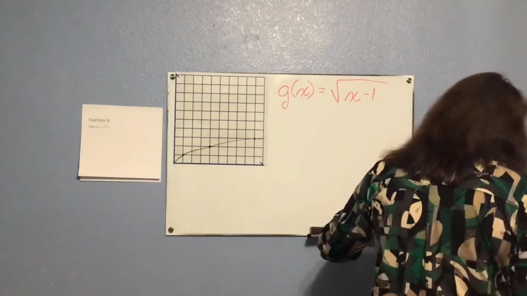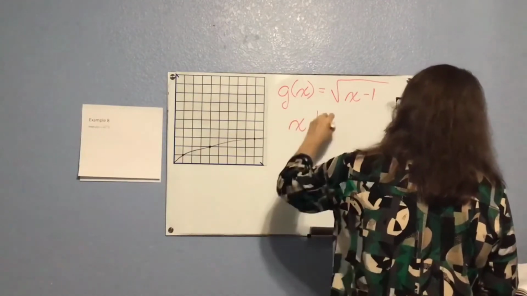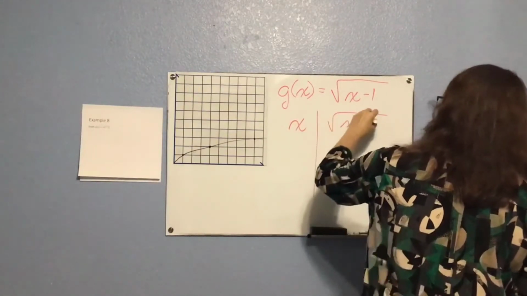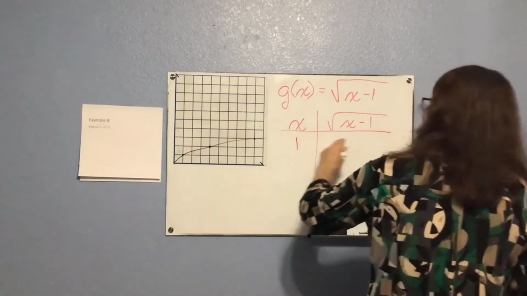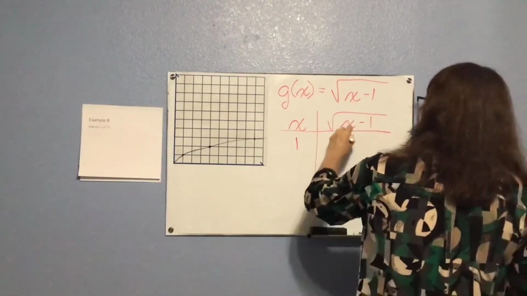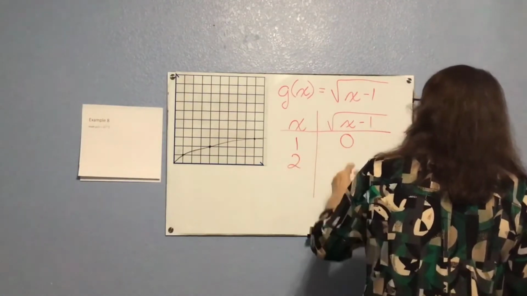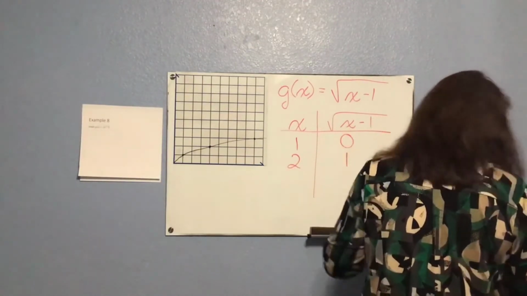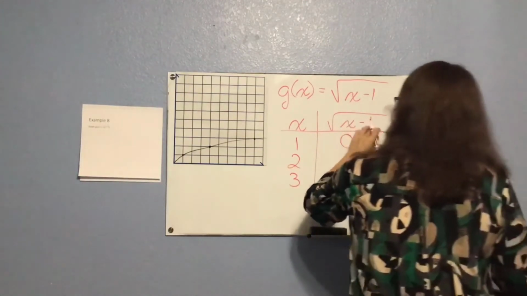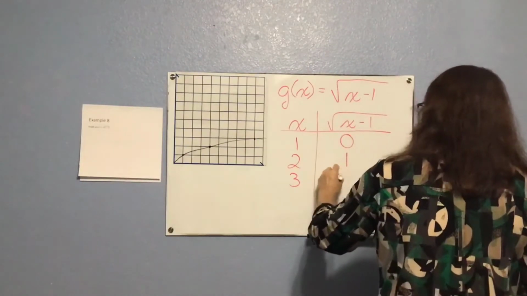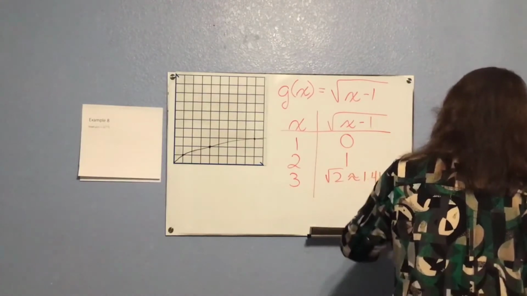So let's make a table of values. And we see that if x is 1, then I've got 1 minus 1, 0, and the square root is 0. If x is 2, 2 minus 1 is 1, and the square root is 1. If x is 3, 3 minus 1, so this is the square root of 2, which is approximately 1.414.